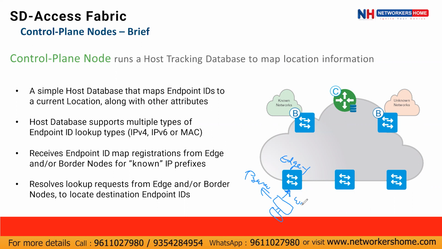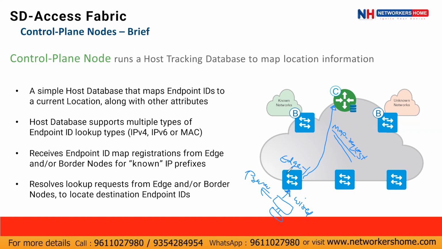What edge 1 does is it updates the control plane node, and this is known as map request. We have a detailed diagram later on, but just for better understanding now, I'm letting you know this earlier. It's known as map request.